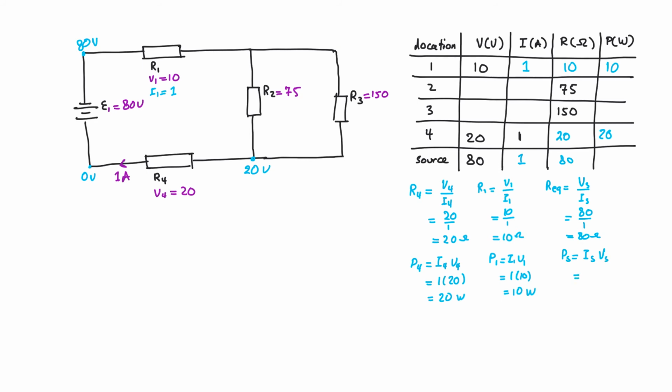Note that I'm using epsilon here for EMF, but I'm using potential difference here. Just know that that's my convention when I'm solving things. It would be better if I just write EMF every time, but it doesn't make a huge difference in my calculations. I got 1 times 80, so I know that we got 80 watts of power in total.